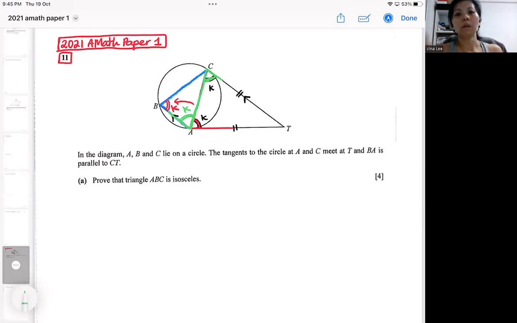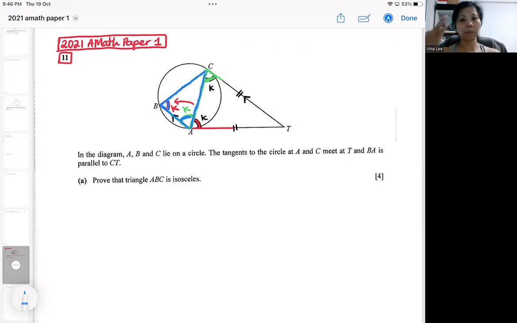So if you look, I started off with tangent from an external point. That's one property. I have a tangent chord. I have an alternate angle. So if you write that down and write a concluding statement to say that these two are eventually the same, that makes ABC an isosceles triangle.